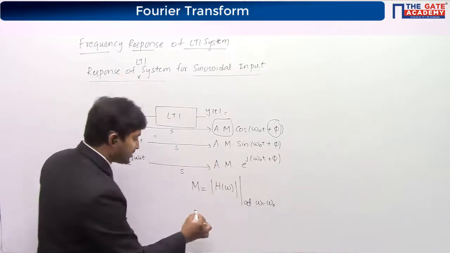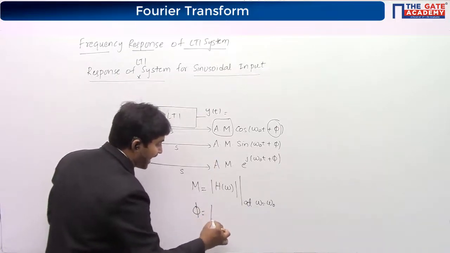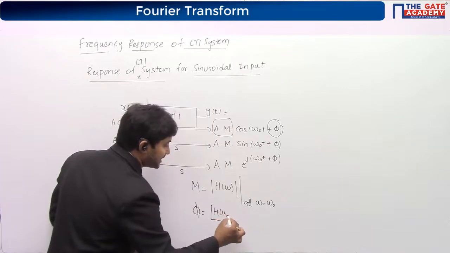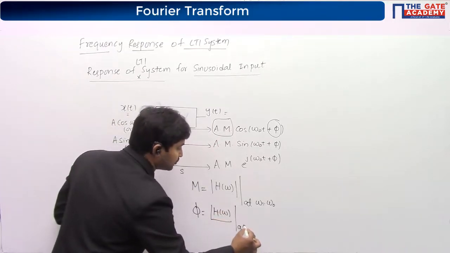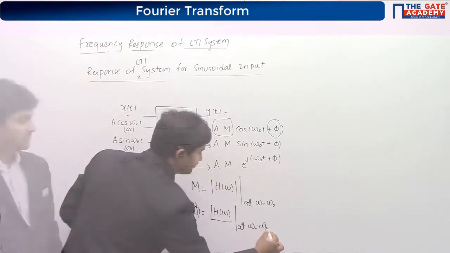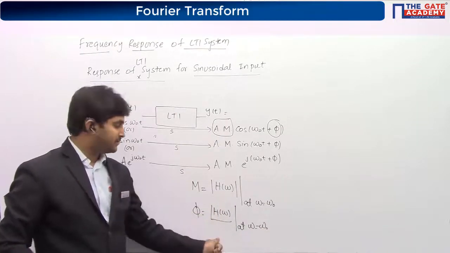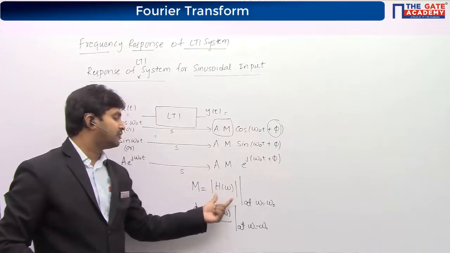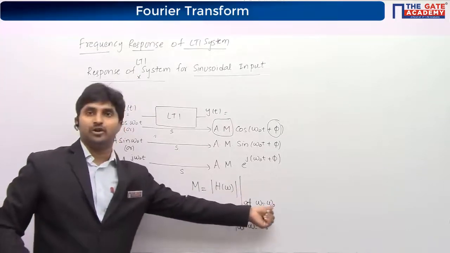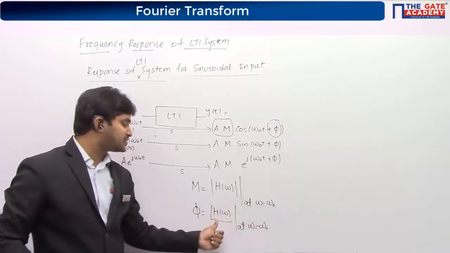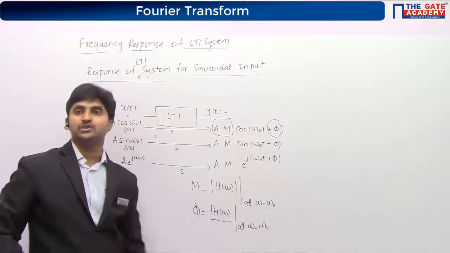Similarly, phi, the phase, is equal to the angle of H(omega) at omega equal to omega naught. So this is the magnitude part and this is the phase part. M is equal to the magnitude of H(omega) at omega equal to omega naught, and phi is the phase of H(omega) at omega equal to omega naught.